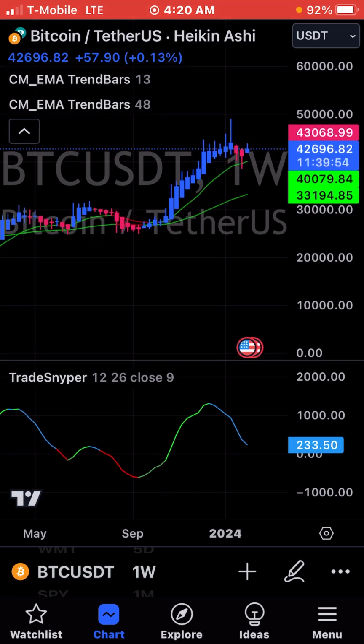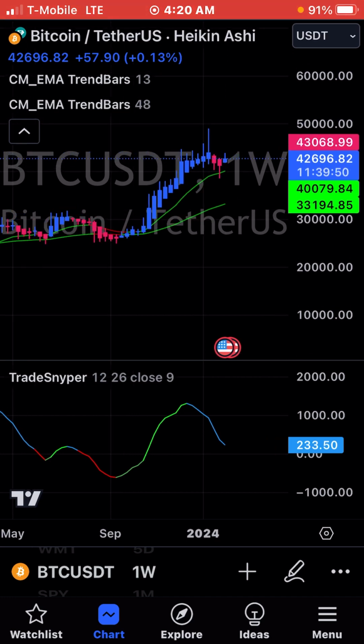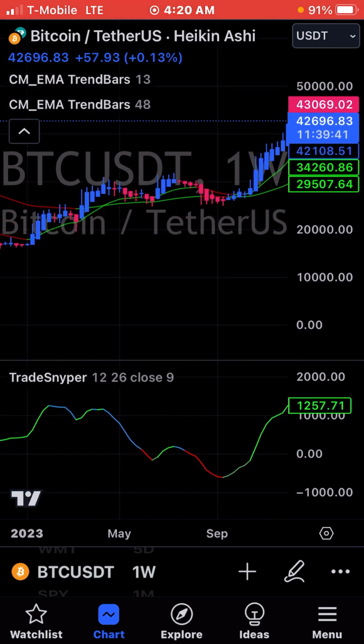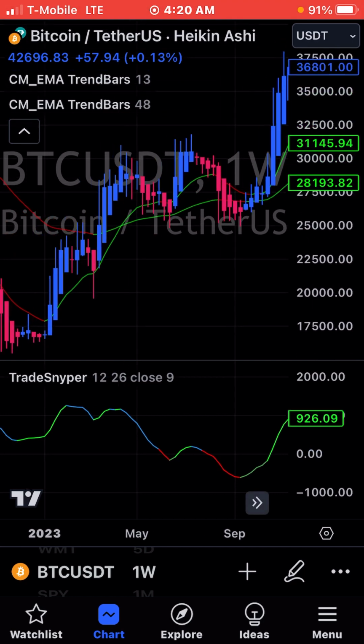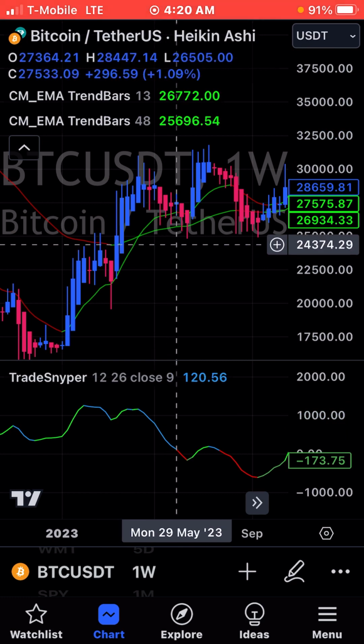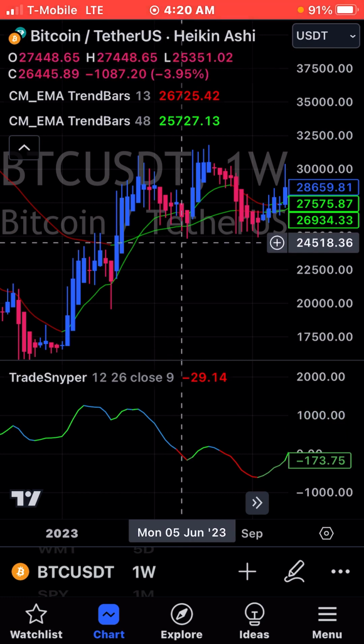What I do with this strategy is I look at the weekly. When you do it on the weekly, it's going to take a while, but I focus on the higher time frames. So I want to go over what has happened here with trading Bitcoin. We see that it turned blue right here, and then it turned red.